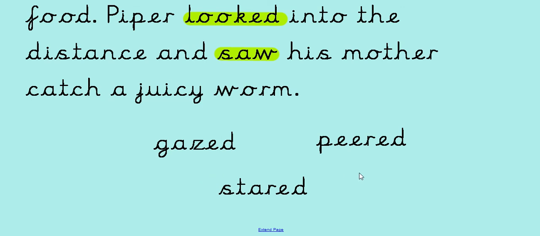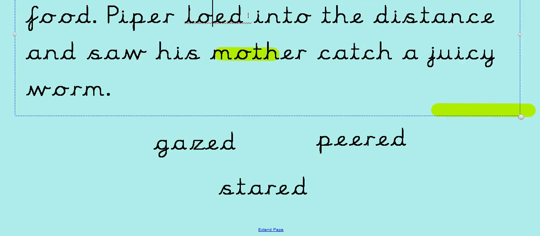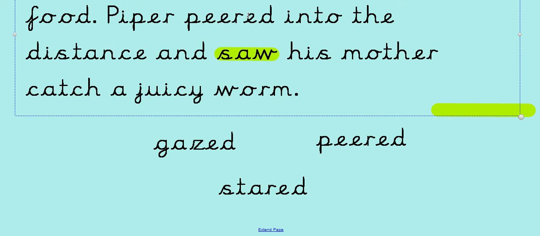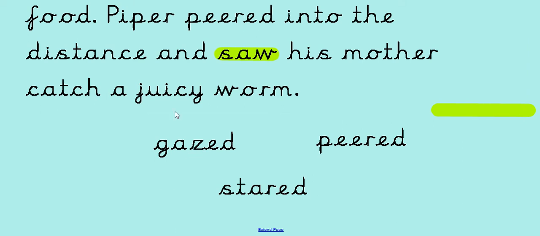I quite like peered because when you peer, you sort of squint your eyes as if the sun's getting into them and you're looking right into the distance. So I'm going to have peered. It tells me that he was looking at something really far away. Piper peered into the distance and saw his mum catch a juicy worm.